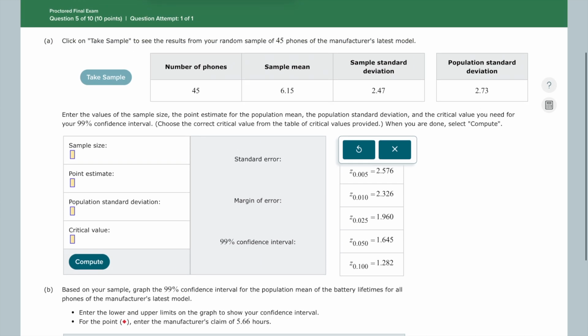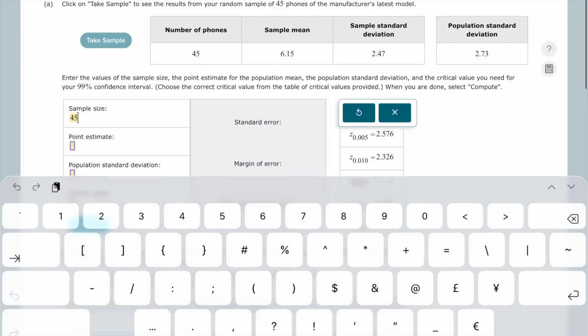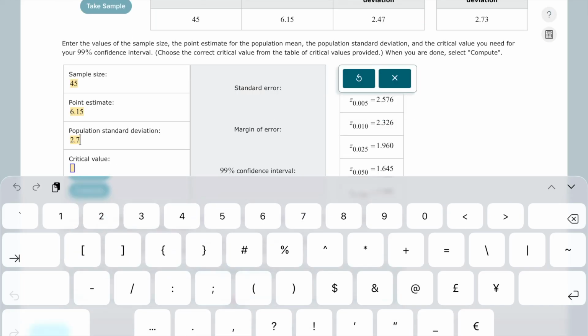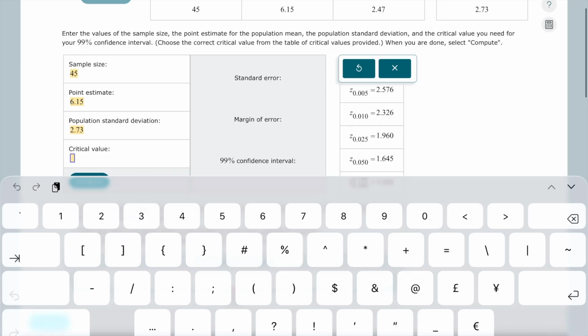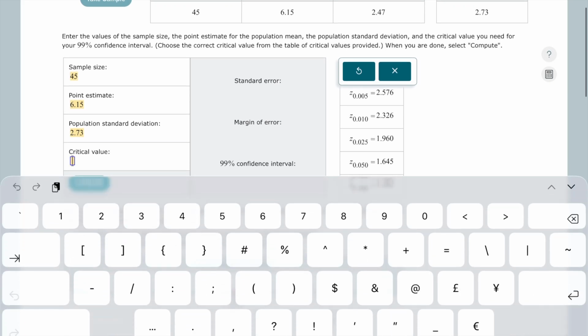Okay. All right, so the sample size, we had 45 phones. Our point estimate is 6.15. The population standard deviation is 2.73. The critical value, okay, we're doing the 99% confidence interval. So we will write this on the sheet in just a second, the test worksheet, but this will help you find it.